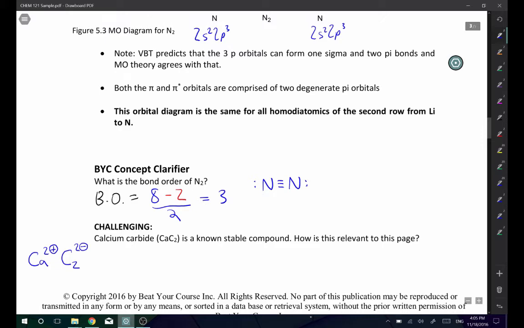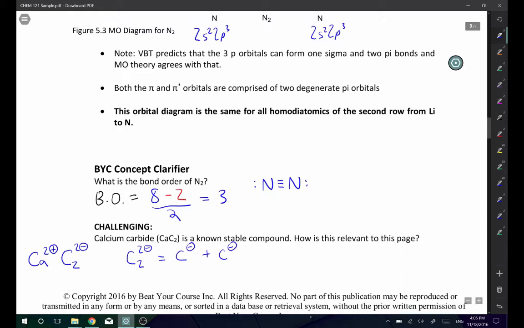So what you're really asking is how it's relevant to this page. We have to consider the molecular orbital diagram for C2 2 minus. So what is C2 2 minus? You can consider it to be a combination of C minus and C minus. Well, what's the electronic configuration for C minus?